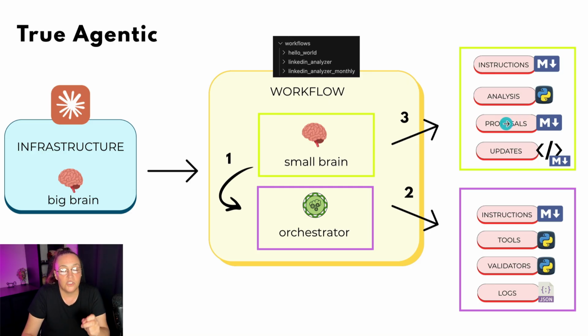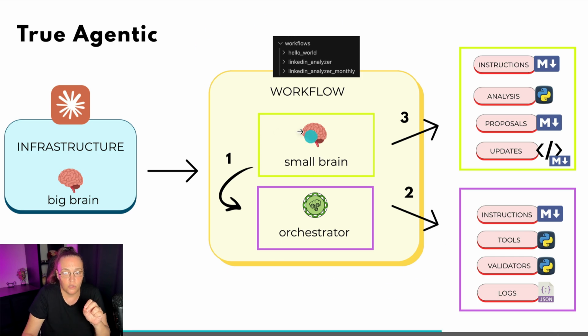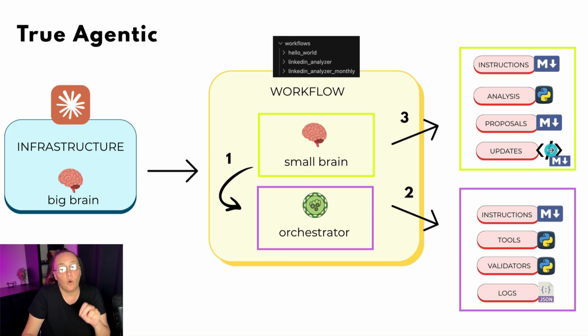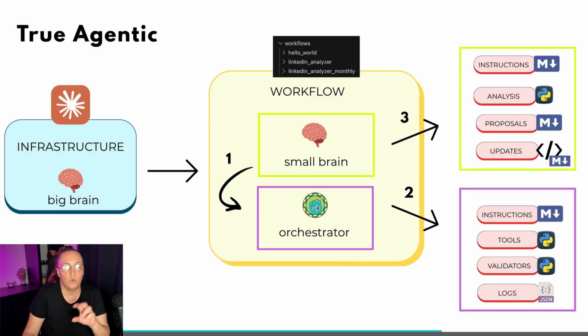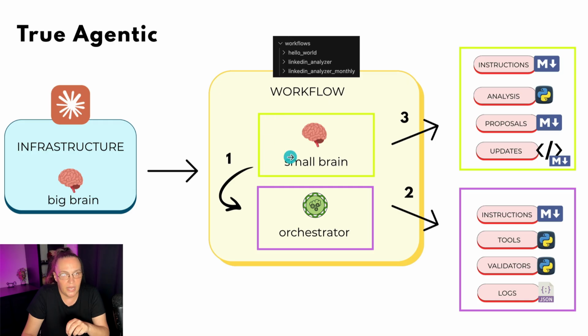Once the proposal is approved, the small brain goes to work and starts updating the whole workflow. It will update any instructions that need updating, and will also rewrite the code if it needs rewriting. That way, next time it runs with the new instructions and the new code, it will do better.